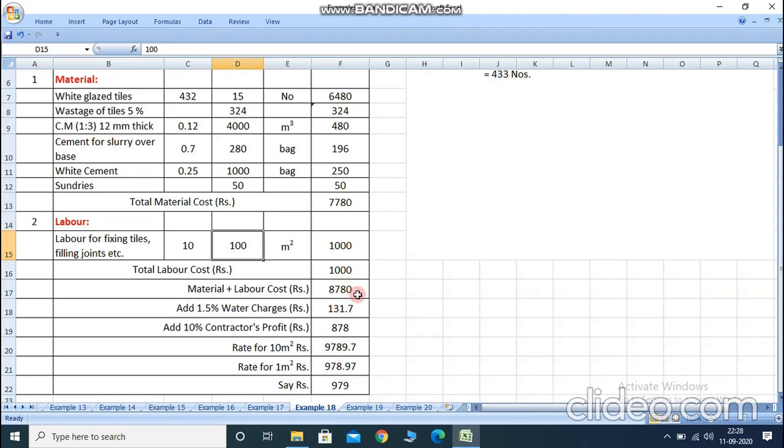Now the summation of 8780 plus 131.7 plus 878 gives the total rate for 10 meter square as 9789.7 rupees.